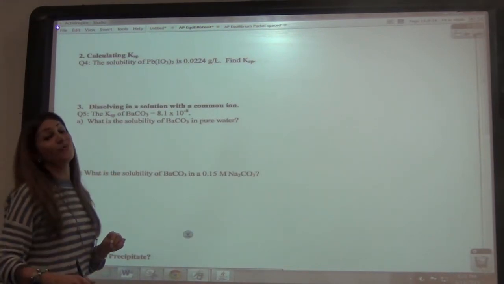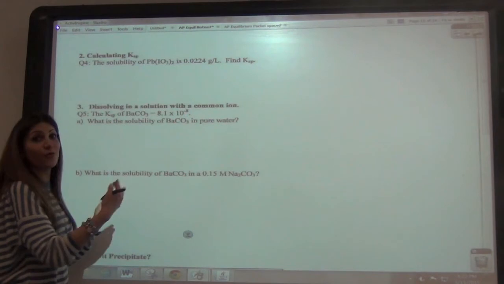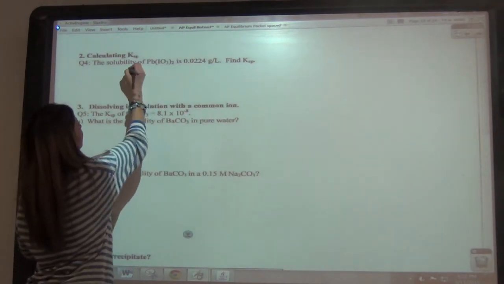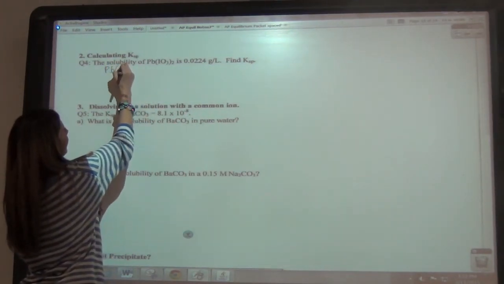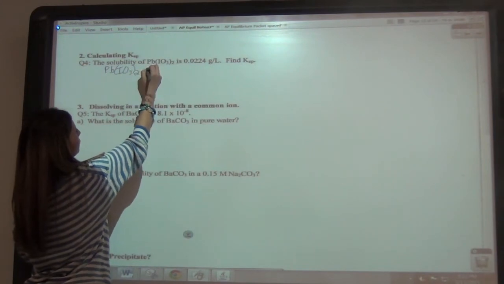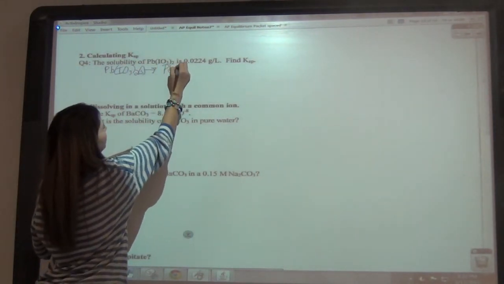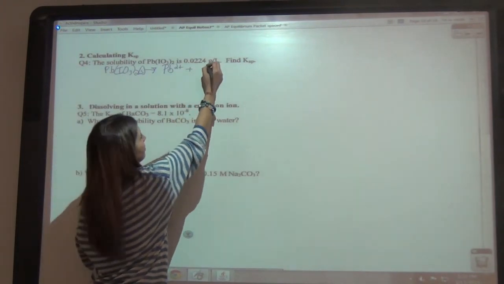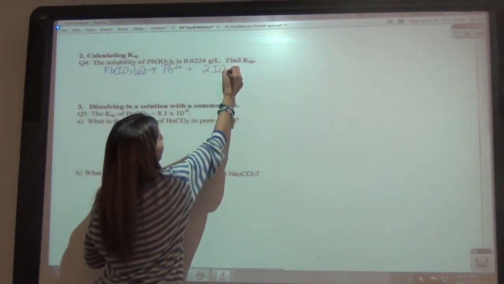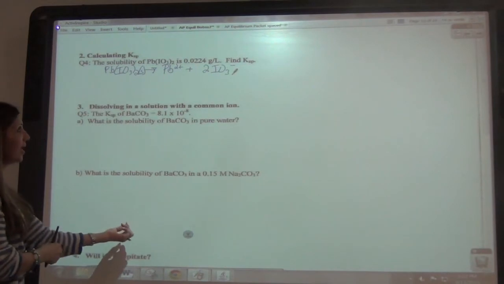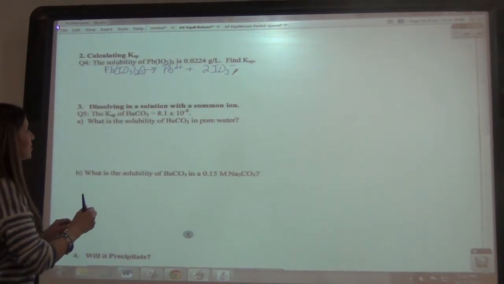Step 1, write your equation. We need our equation in order to write our expression. So we've got PbIO32 solid yields what? Pb2 plus, 2 IO3 minus. All right, and let's write our expression.